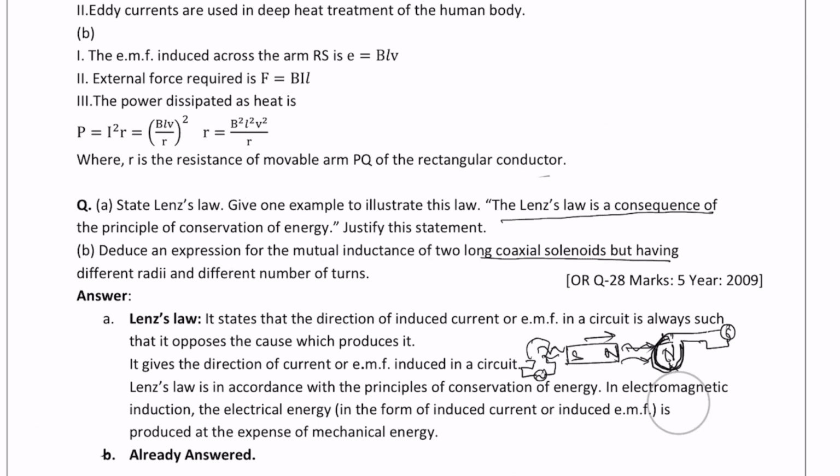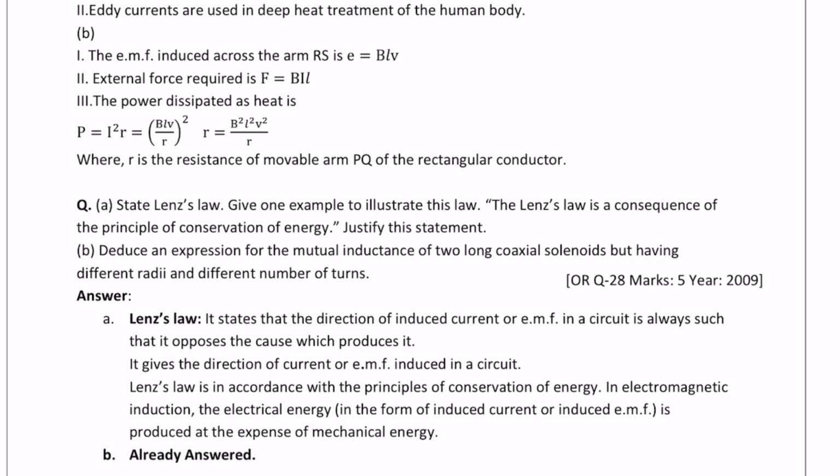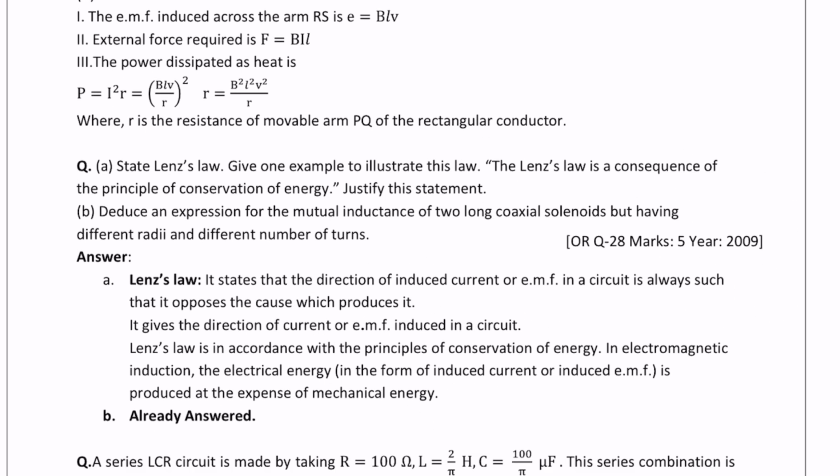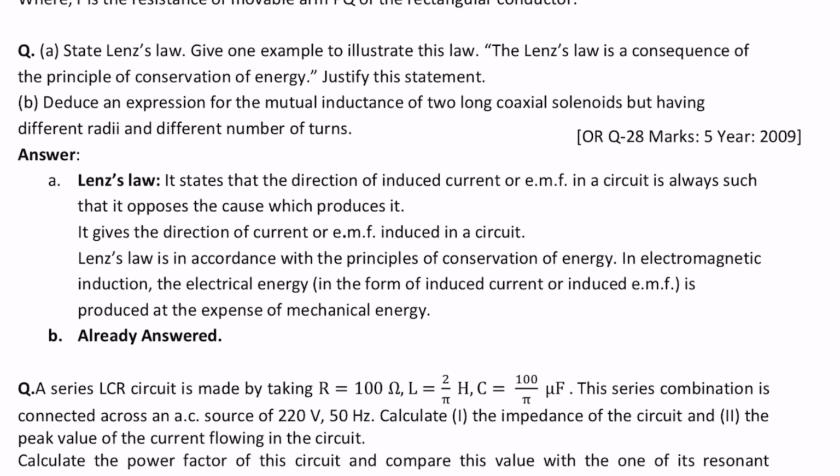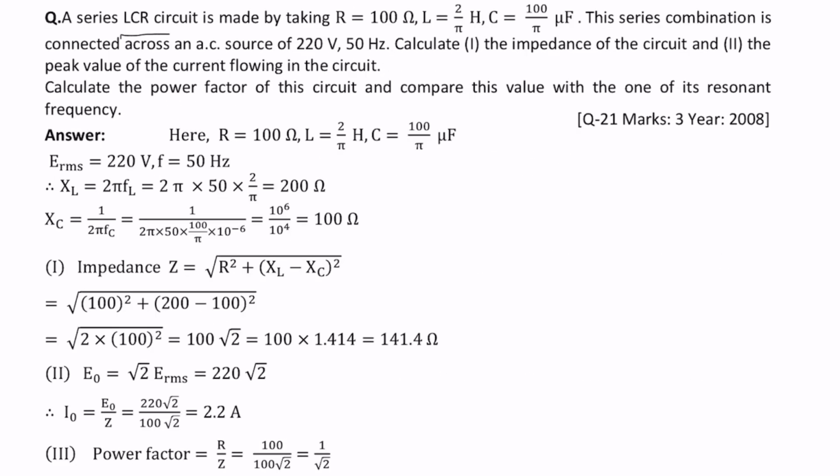Okay, let's go to a numerical part of this. Now, in a series LCR circuit, we have two LCR circuits. One is the acceptor circuit, the other is the rejector circuit. Parallel LCR and series LCR, but this is given as a series LCR circuit.